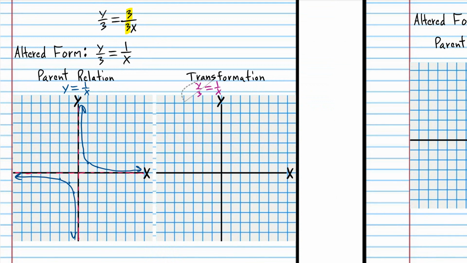And that just tells us to multiply all the y values in the graph of the previous equation by 3. That's not going to affect the position of the asymptotes. So if we multiply all the y values, we get the following points.